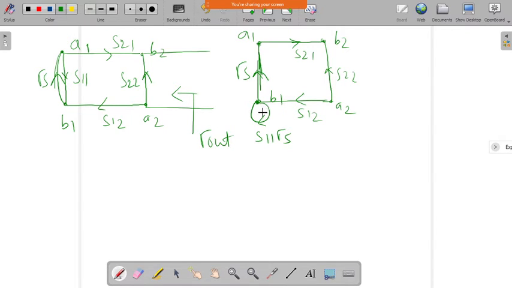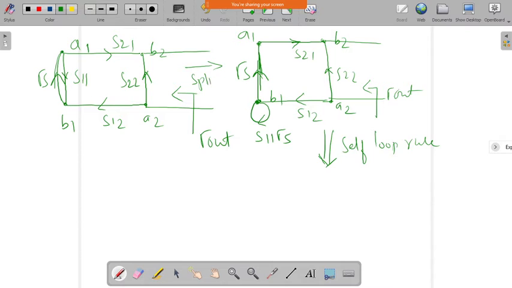Now we can see that this branch is going to the node B1, so we can apply the self loop rule for this, and we get S12 by 1 minus S11 gamma S. This one is after applying the self loop rule, and this one is after applying the splitting rule.